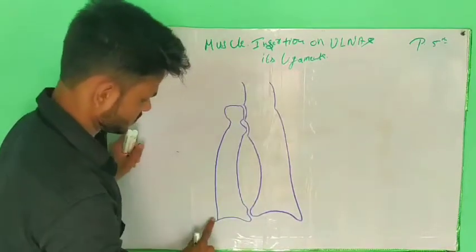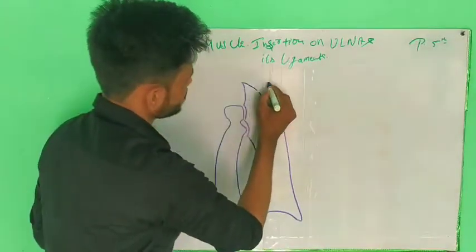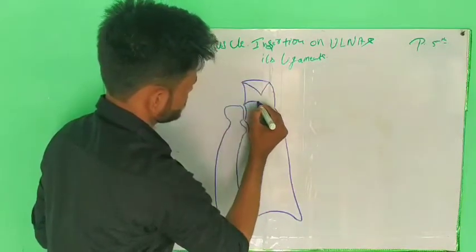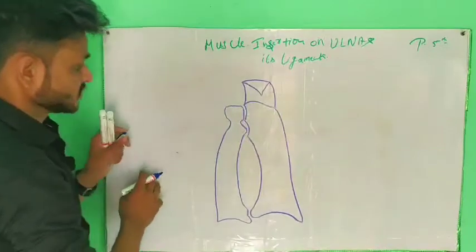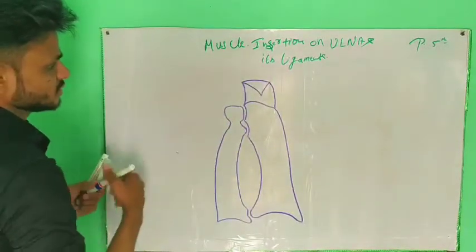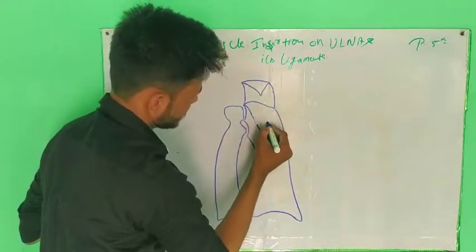This is the radius. This is the ulna. Firstly, talk about the muscle insertion. This is our ulnar tuberosity.